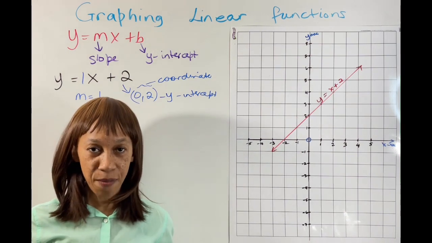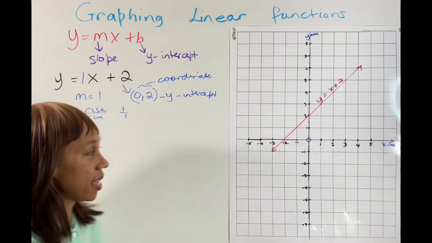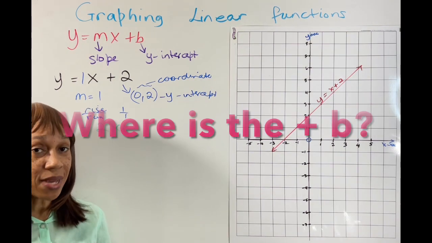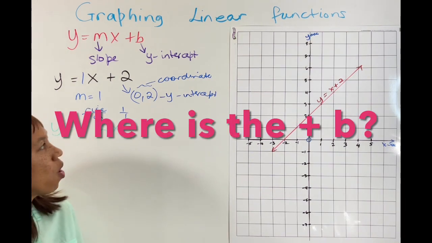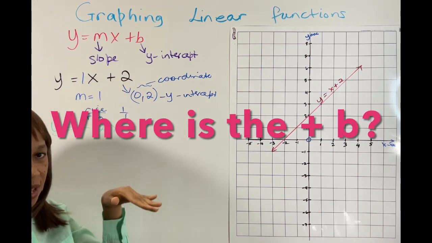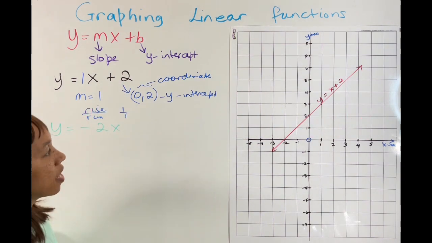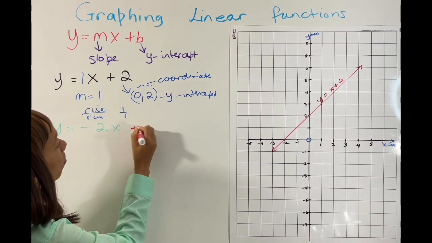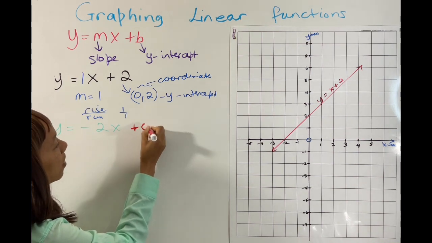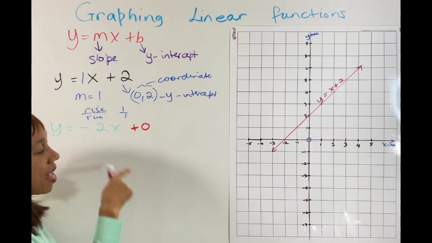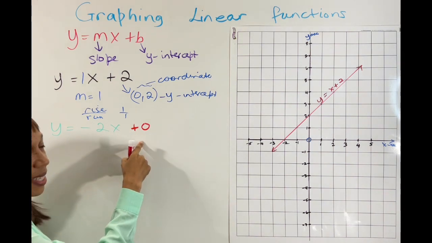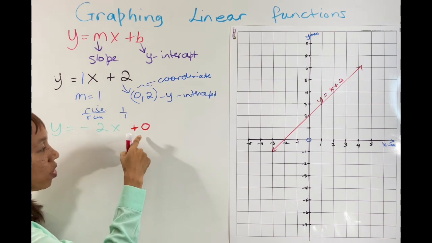The next example is y equals negative 2x. You might be saying to yourself, wow, where is the plus b? But in actuality, the plus b is simply right here, and it would be plus 0 in this case. That means that it crosses the y-axis at the origin, which is (0, 0).